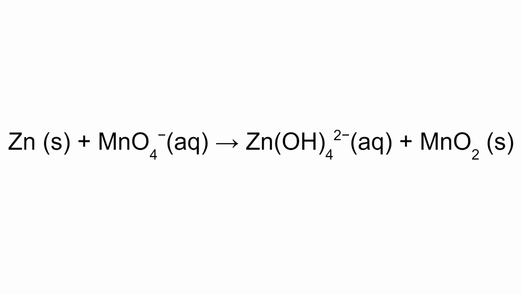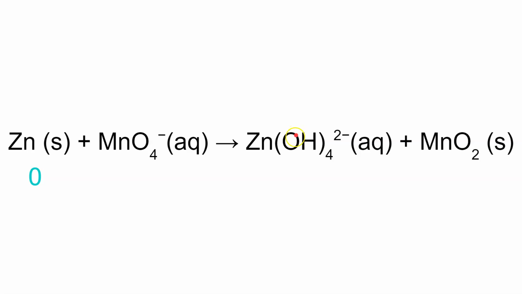When we're assigning oxidation numbers, I like to start with the first part of the reactant. So we're going to look at zinc here, and we can see that it's got a 0 oxidation number. Then when we go over to the product side where we see zinc again, we have to look at the oxidation numbers for oxygen and hydrogen before we can determine the oxidation number for zinc.